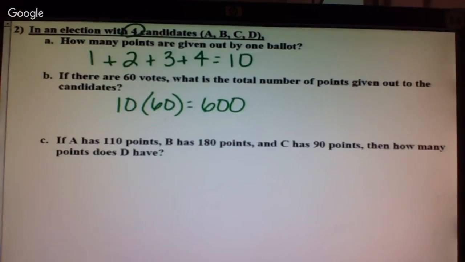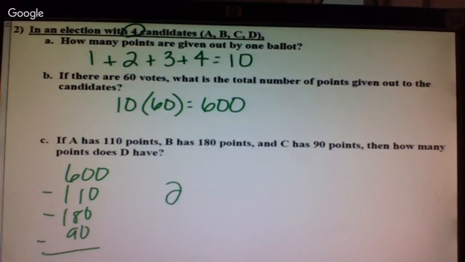So add them all together and subtract them. Good. Add all these together and subtract them from 600. Or we can do 600 minus the points you have for A, 110, which is 490. Minus the points we gave for B. Minus the points we gave for C. Gives me 220 points that D has.